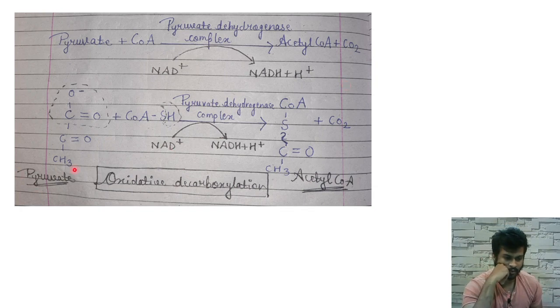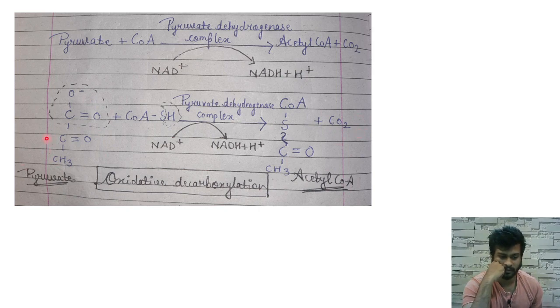In the pyruvate molecule, there will be decarboxylation, that is removal of CO2, as shown by the black dotted lines. And in the presence of coenzyme A and pyruvate dehydrogenase complex, it will get converted into acetyl coenzyme A. So this CO2 will be released as shown here.